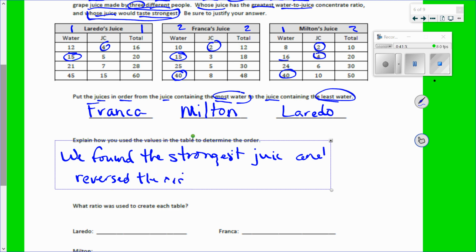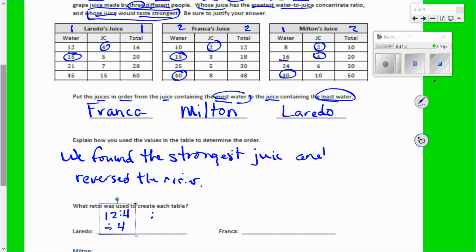Okay, so the next section talks about what ratio. To find that ratio, all I'm going to do is take that initial entry, simplify it if I can. What can I divide 12 and 4 by? 4, thank you. Gives me a 4 to 1. Franca started at 10 to 2.